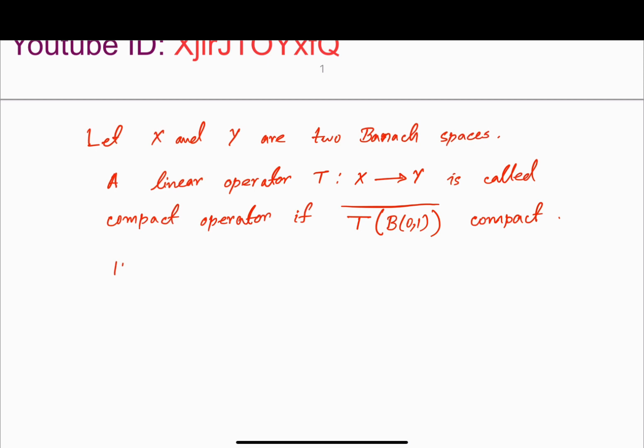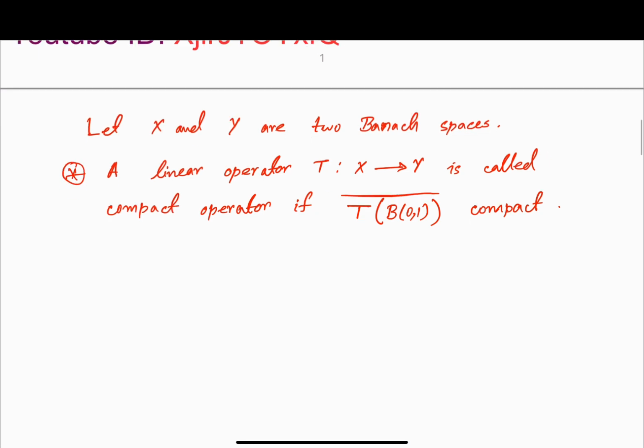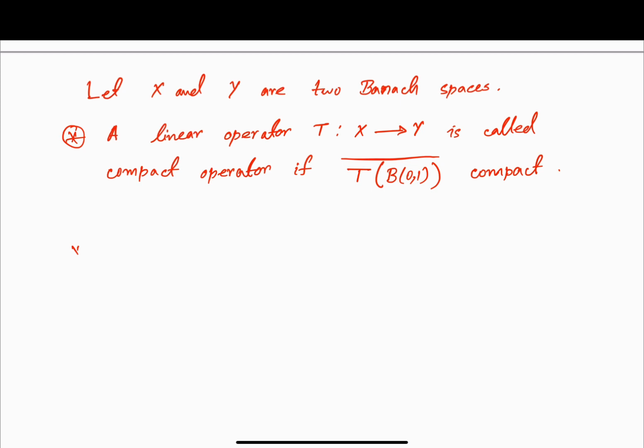What is the unit ball? This is basically B(0,1). So this is the definition of a compact operator. What is B(0,1)? It is all x in X such that the norm of x, the norm in the space X, is less than or equal to 1.